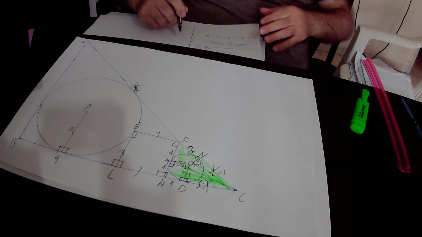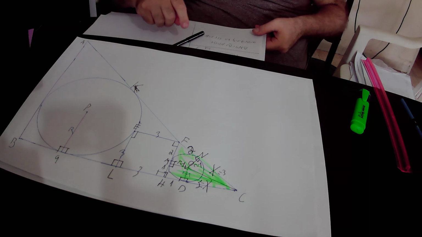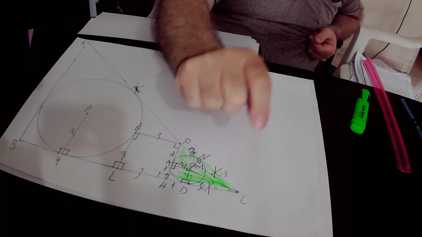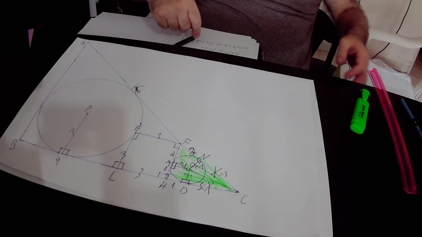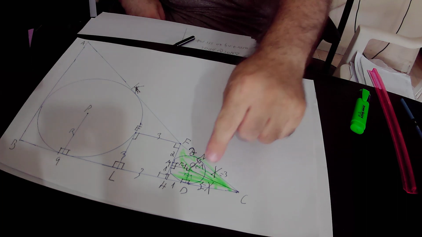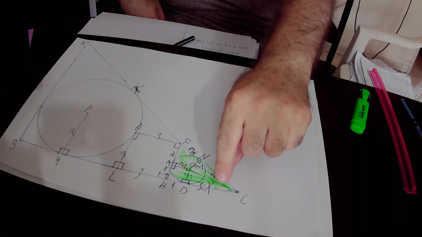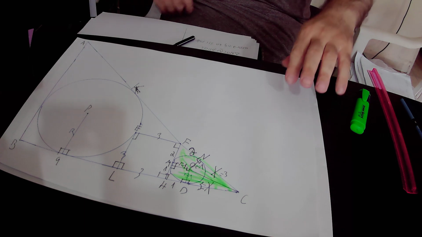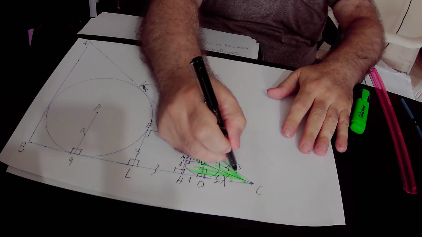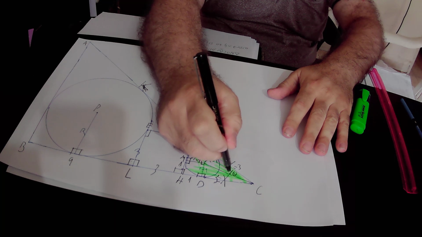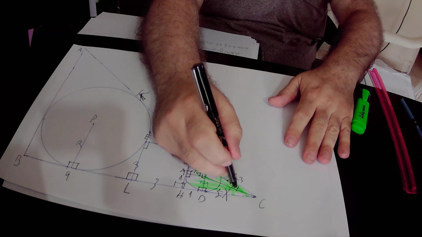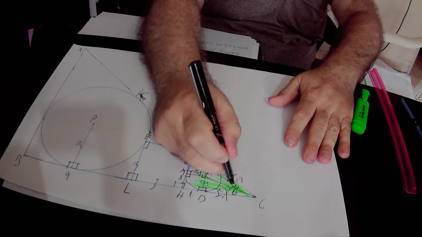And for the fact that the two triangles are congruent, we derive that those two angles are also equal to each other according to the rule that corresponding angles in congruent triangles are equal to each other. So if we define one angle as theta, then this angle must also be equal to theta.